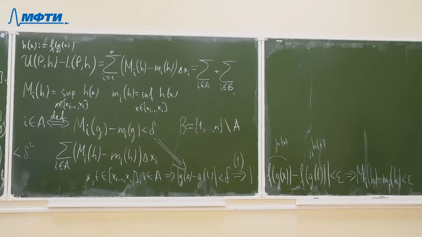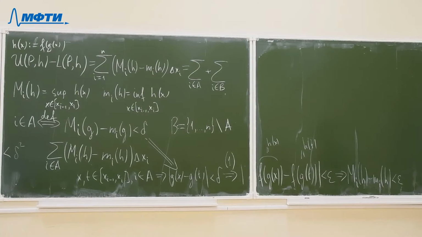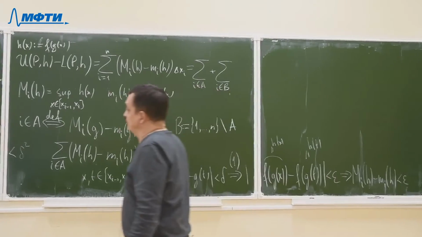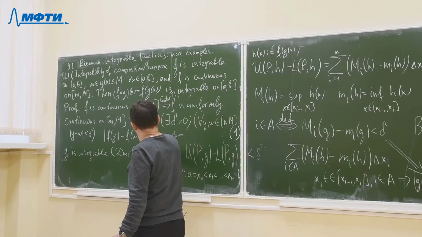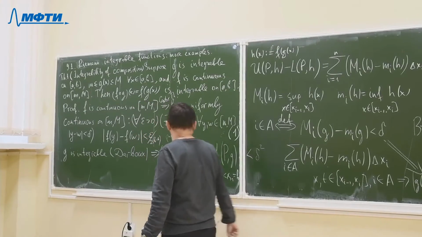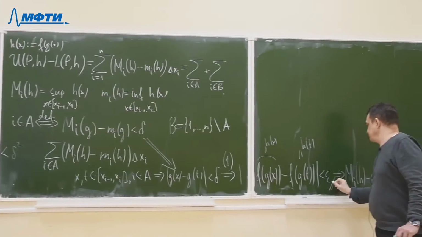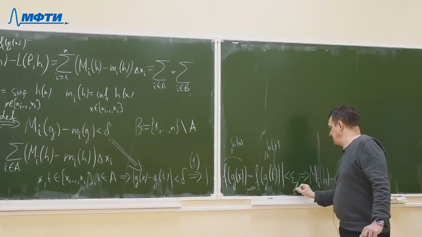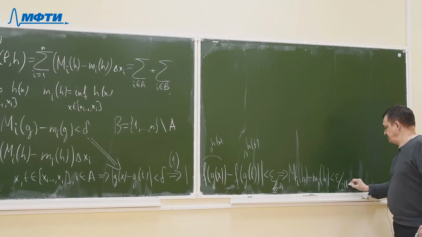Okay, so to make it small, I would prefer to change inequality 1 slightly: let it be epsilon over 2 times (b minus a).